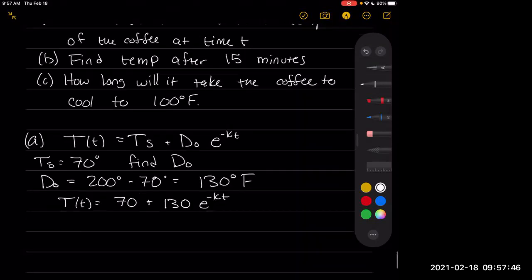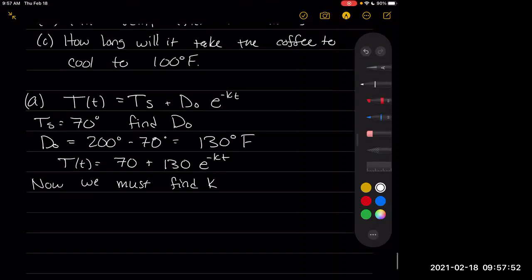So now we must find k. We know that after 10 minutes the coffee is 150 degrees. So that means we have 70 plus 130 e to the negative k times 10.